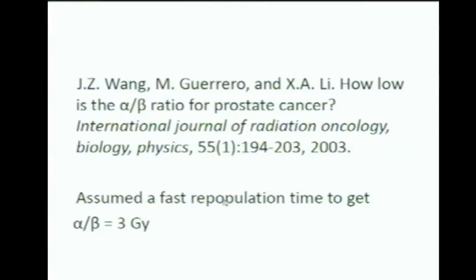And in this other derivation here, it was assumed that the tumor never actually begins repopulating. And in this derivation, they assumed that the tumor begins repopulating about a month after radiation therapy is begun. And so how does this change the outcome of the calculation?